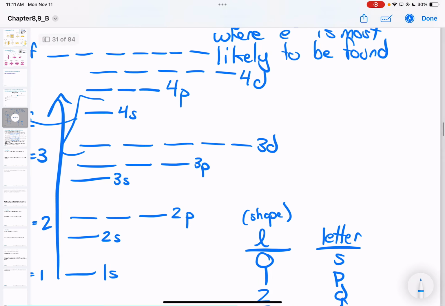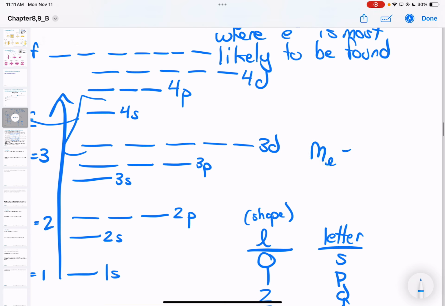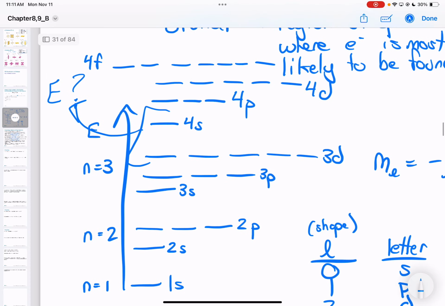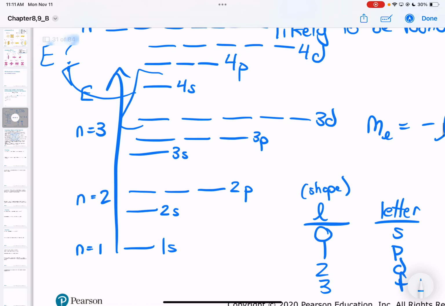So remember, m sub l comes in a range. If we're talking about the p orbitals, where l is 1, then we have 3 m sub l values. And like I said before, we don't care so much about what the actual values are.